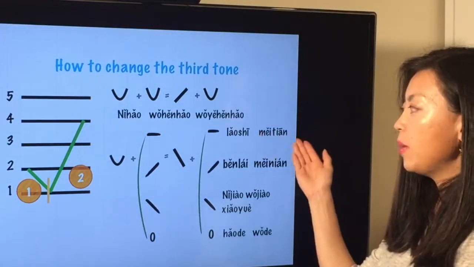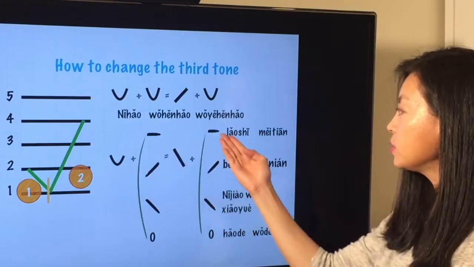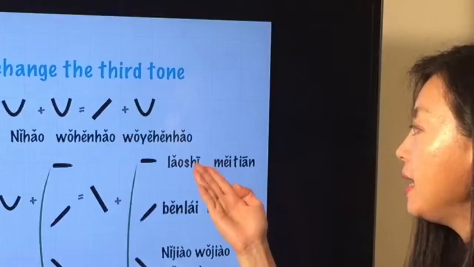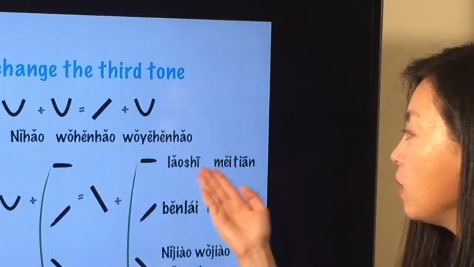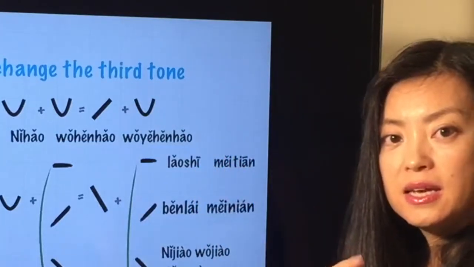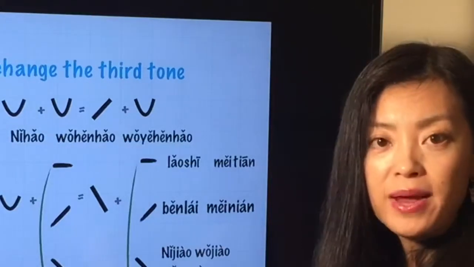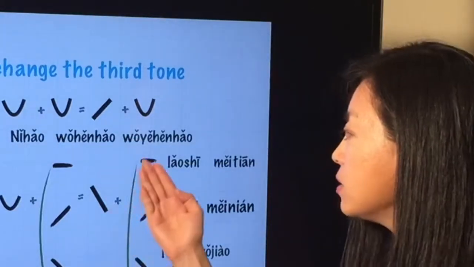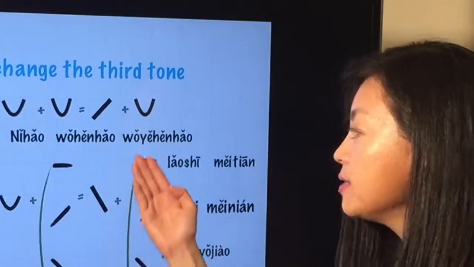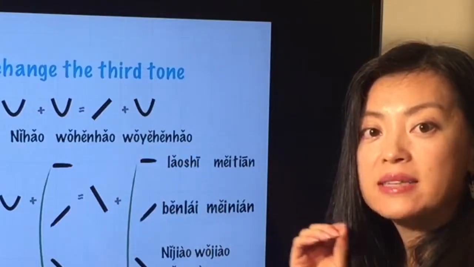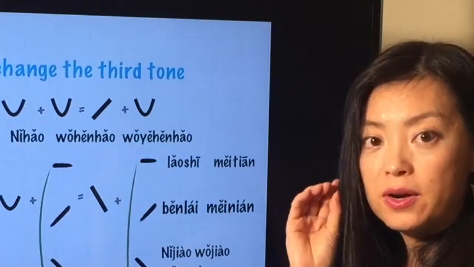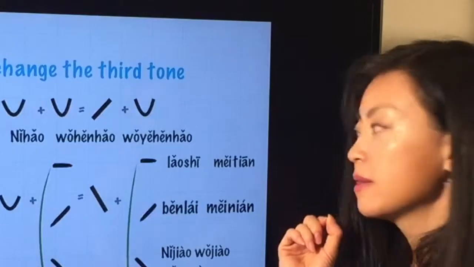Okay, let's see the example. Third tone plus first tone. The example is 老师, 老师. You see, I didn't read it as 老师. No, I read it as 老师, 老师. So I just read third tone very short.